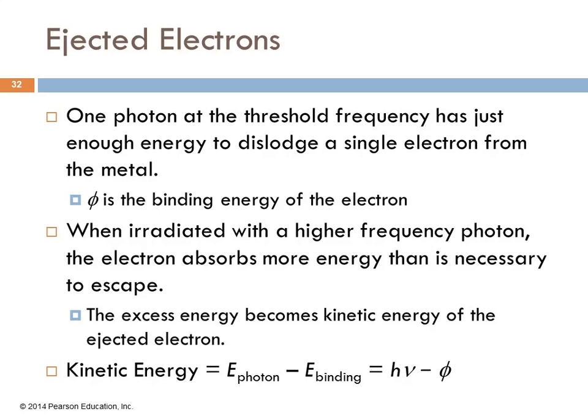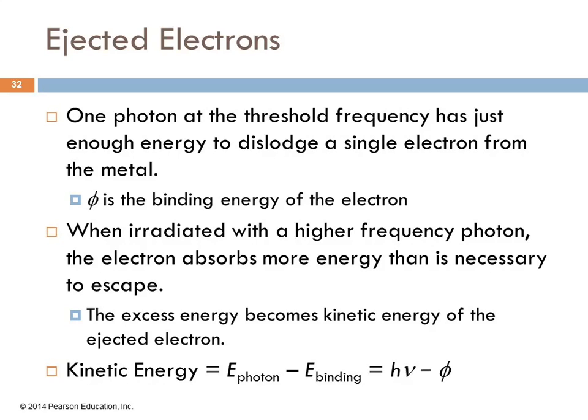Okay. It's one of those things that once you see it, it's just not that hard. But the seeing it the first time is really the hard part. So the kinetic energy of the electron is the energy of the photon minus the energy that was binding it. This energy is expended in removing the electron from the metal surface.